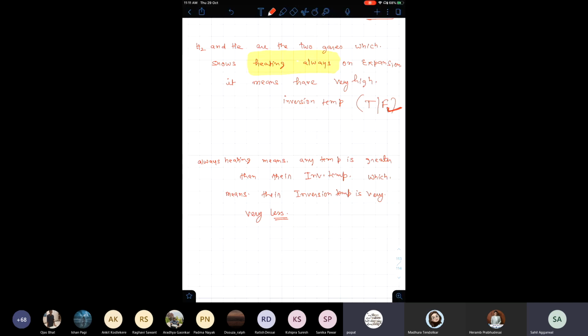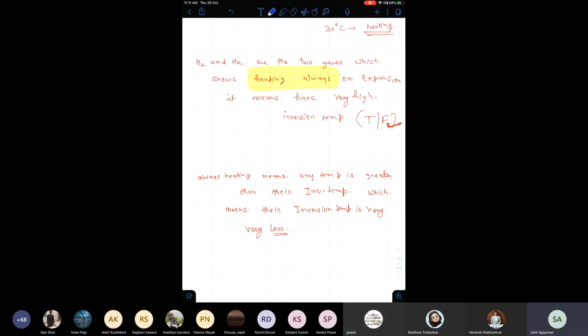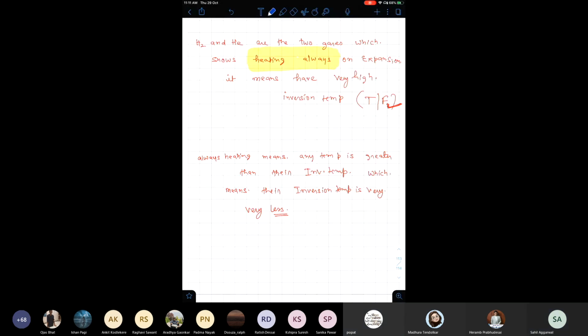So can I explain this again? The question or the answer? Oh, the answer. Hydrogen and helium show always heating. Heating can only be experienced when we are above their inversion temperature, right? Yes, sir.